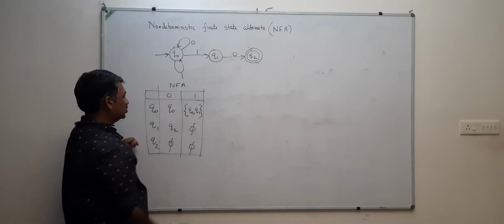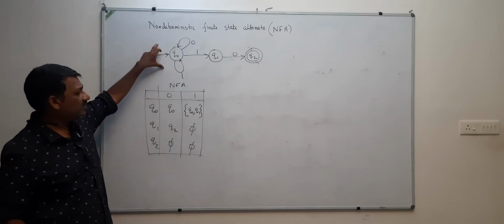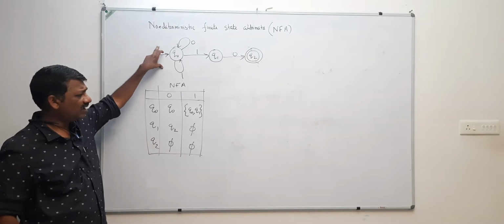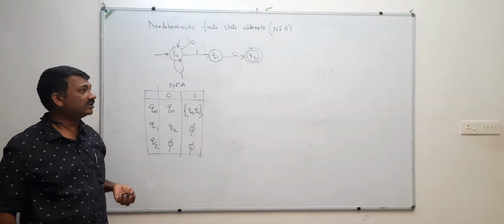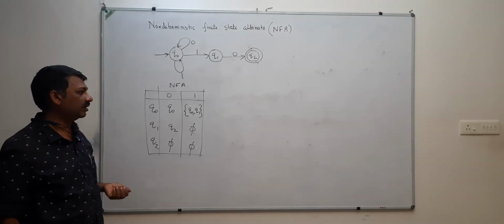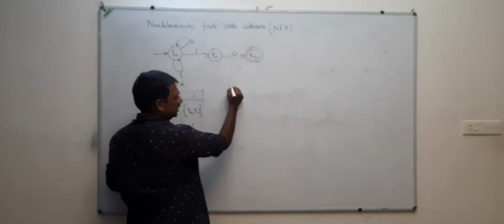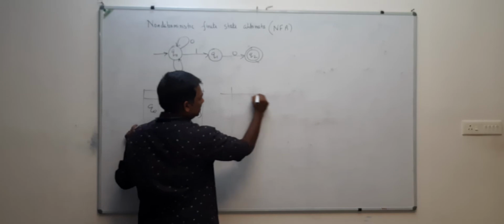This is the transition table for the NFA which is given here, and this can easily be converted to its equivalent deterministic finite automaton. How can that be done? It is very easy.